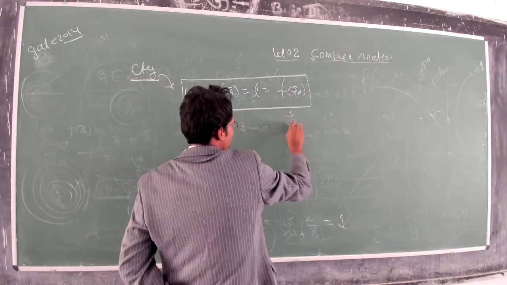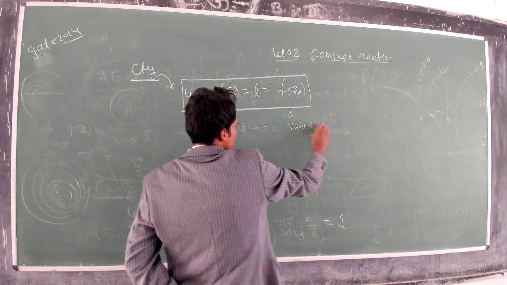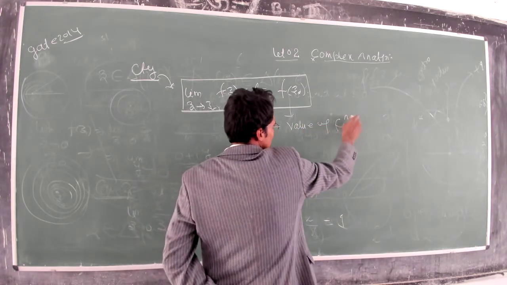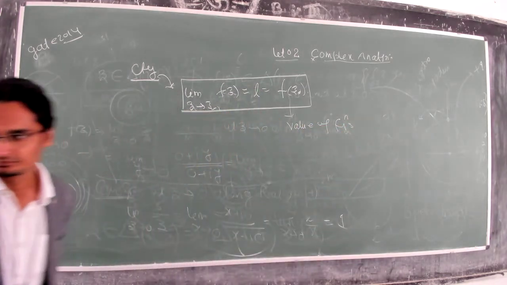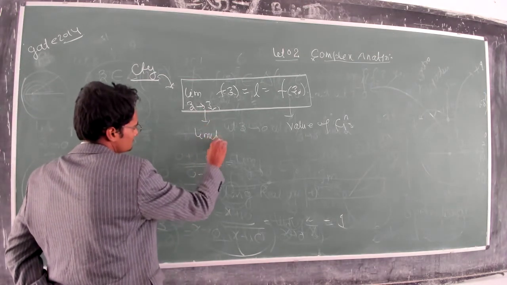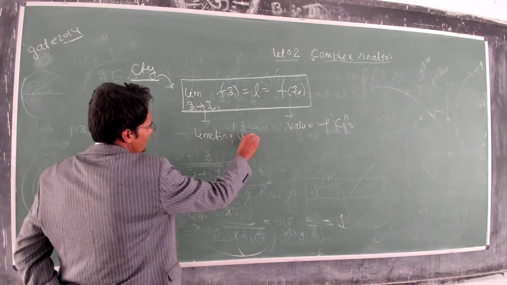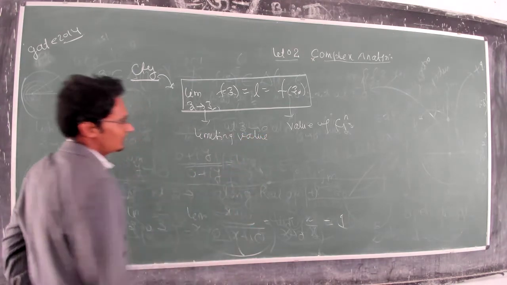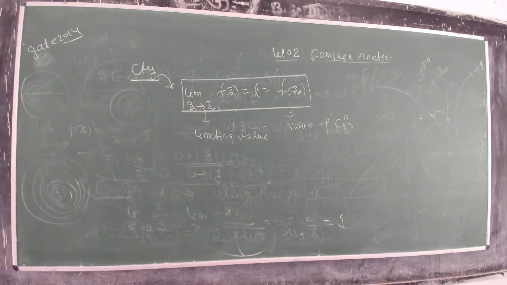This is your value of function. What is this? Limit. Limiting value. So if the limiting value and the value of the function are the same, then you say the function is continuous.